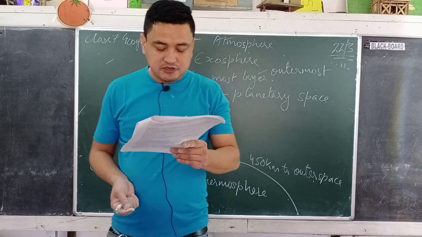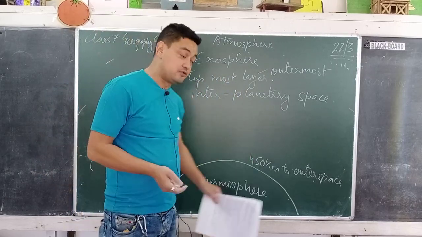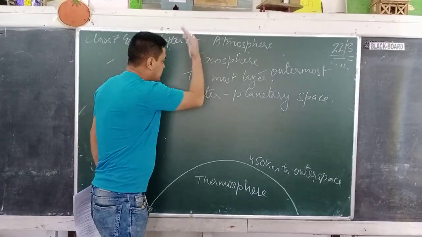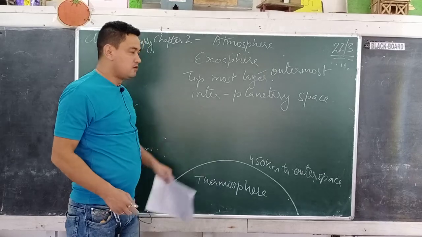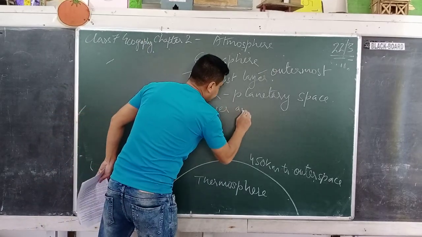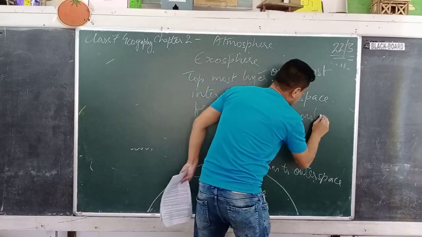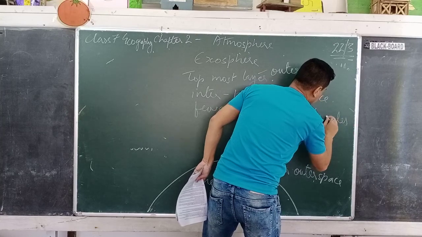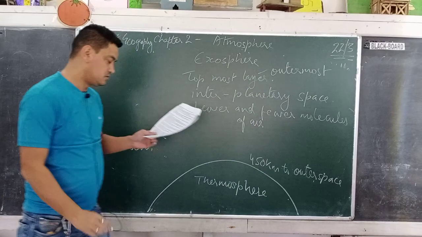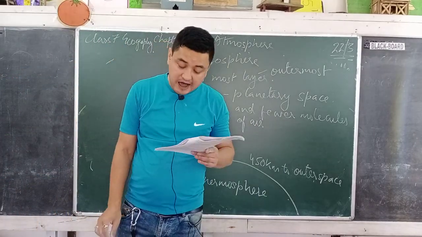As you travel in the exosphere, there are fewer and fewer molecules with an increase in altitude. As you go away from the Earth and pass through the exosphere, you find fewer and fewer molecules of air with an increase in height.